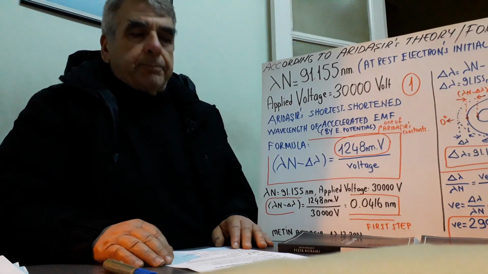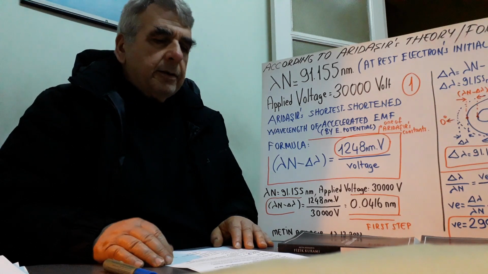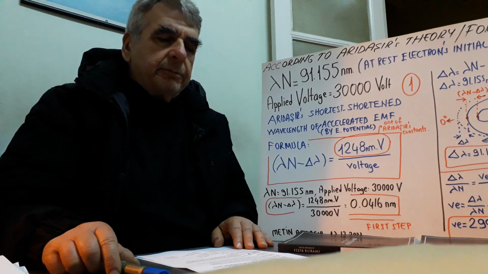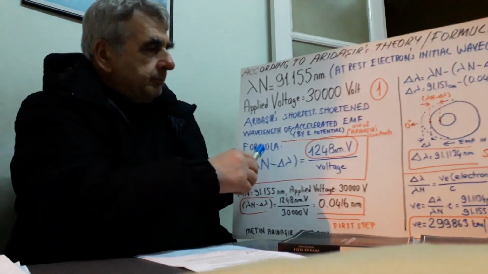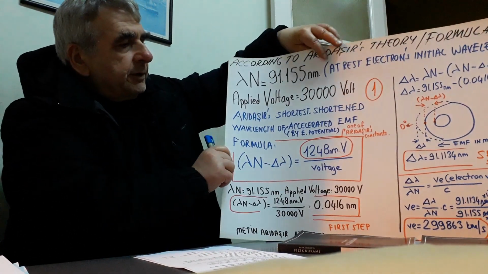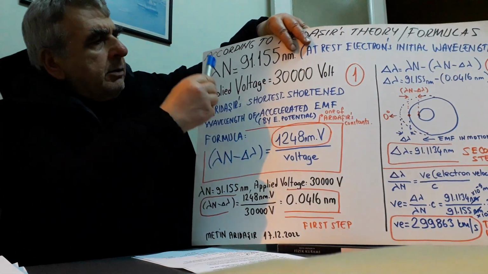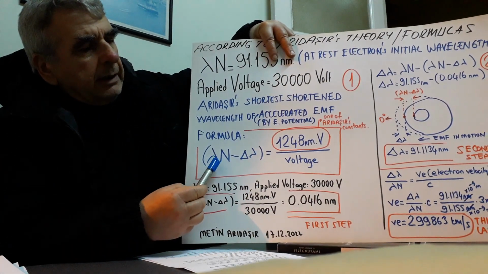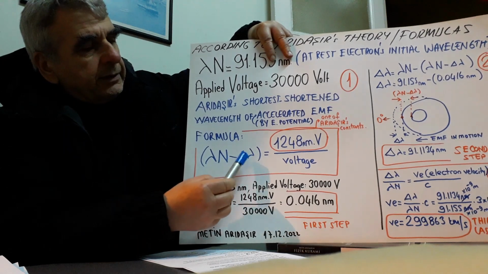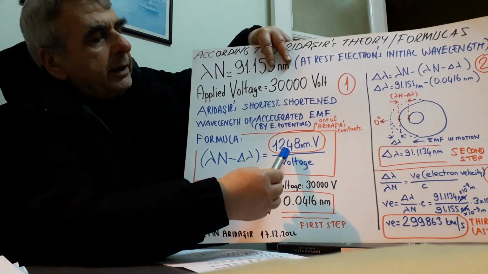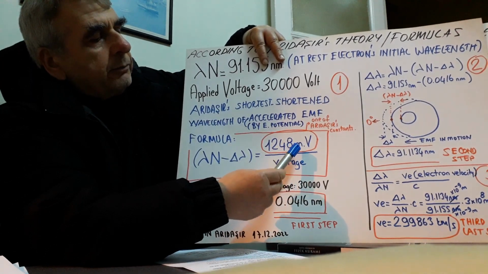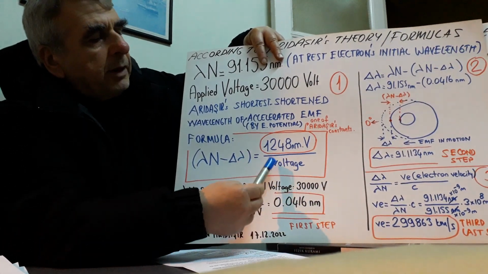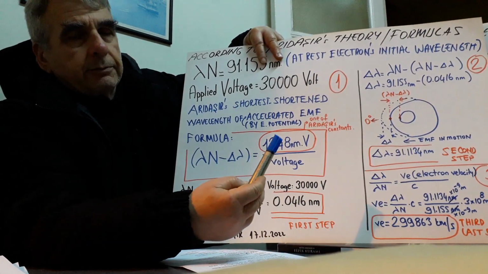Then, the first step is applying my shortest shortened wavelength of accelerated electron motion form formula. I know lambda normal, I know voltage, then I can find lambda normal minus delta lambda, which is equal to 1238 nanometer volt, one of my constants, divided by applied voltage.